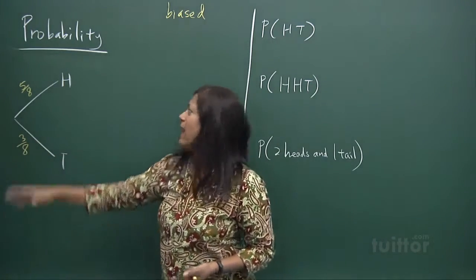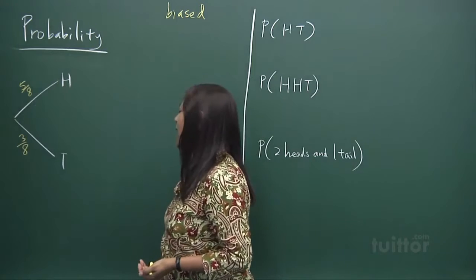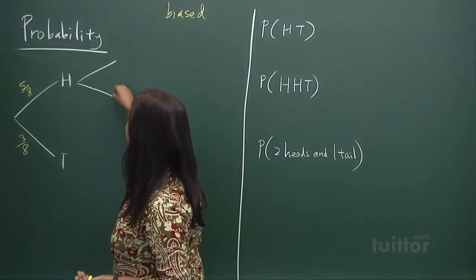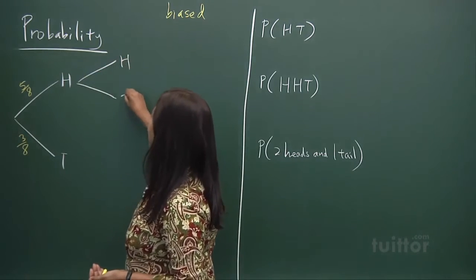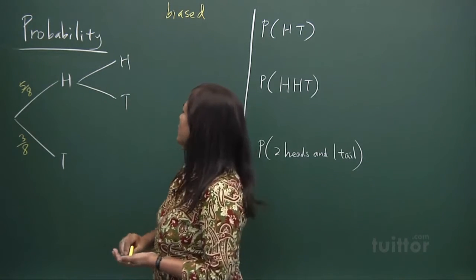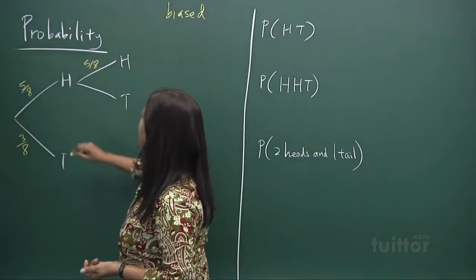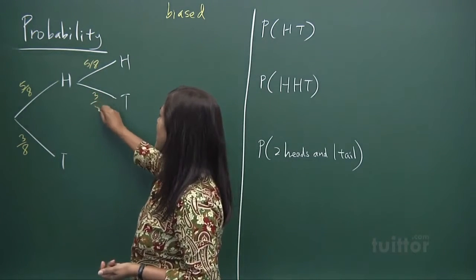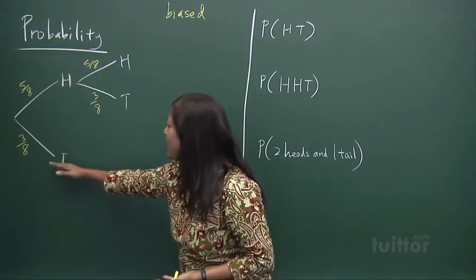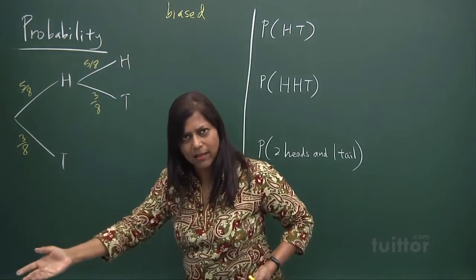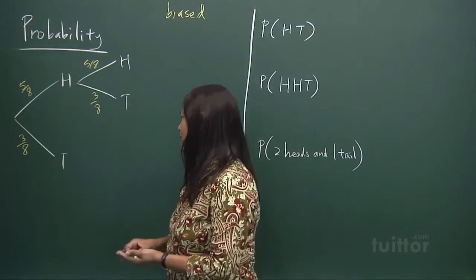I throw a coin, I got a head. When I get a head, I throw again. This is the second stage. I can get a head or I can get a tail. What's the chance of getting a head? 5/8. What about a tail? 3/8. I throw again. If I had got a tail the first time I threw, I now follow this event.